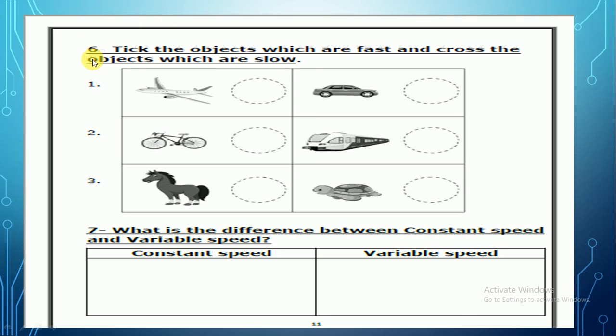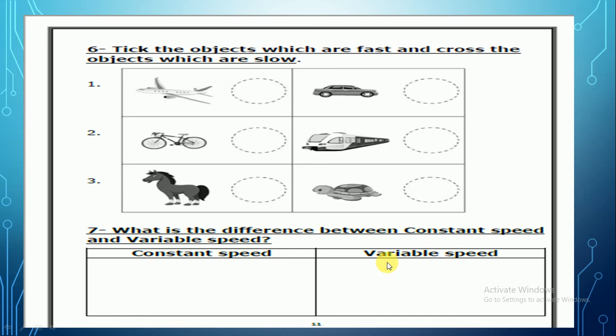Okay, this is page 11. And this exercise, you can do it as homework. Tick the objects. Tick means give it a mark, okay? Tick the objects which are fast and cross with an X the objects which are slow. You can do it by yourself, it's so easy. Number 7, what is the difference between constant speed and variable speed?